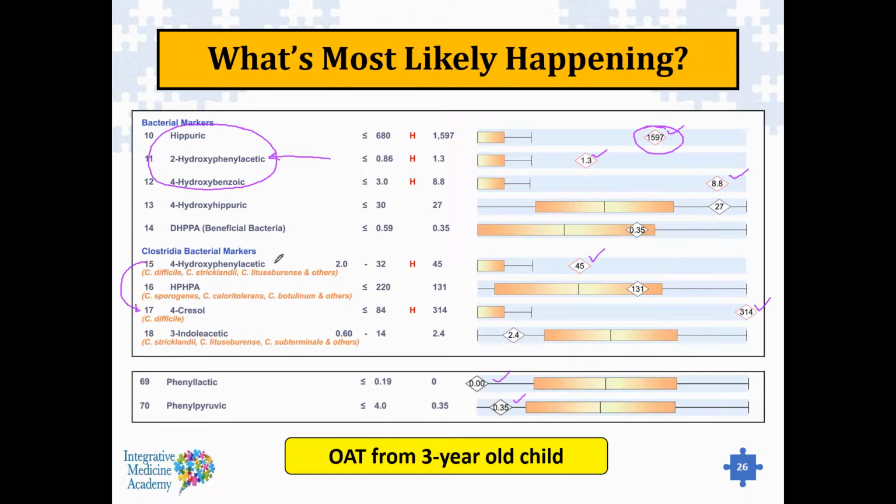Now, what's interesting about 4-hydroxyphenylacetic is it is linked to small bowel problems. So it's certainly possible in a case like this that we could have small intestinal bacterial overgrowth, okay, but we're not dealing with some kind of genetic problem of phenylketonuria, even though the 2-hydroxyphenylacetic is elevated.